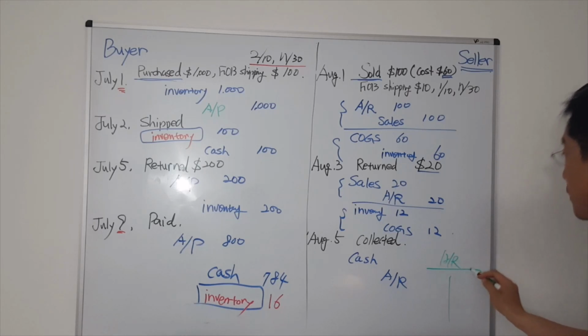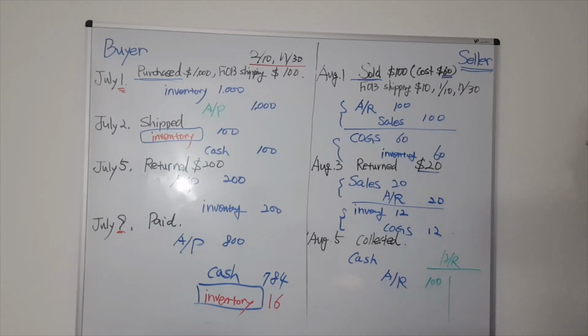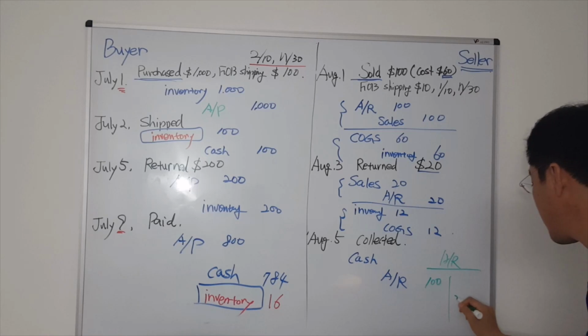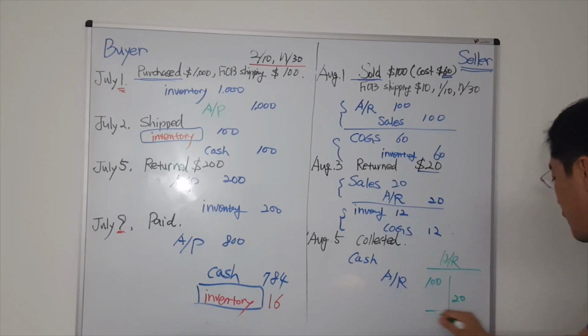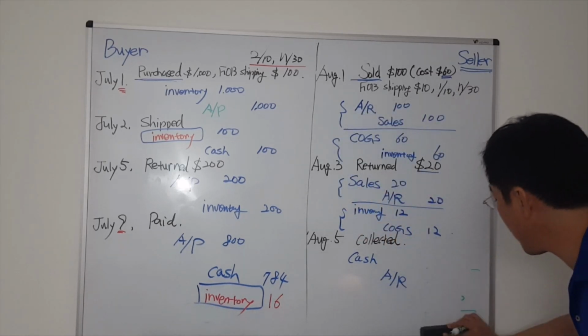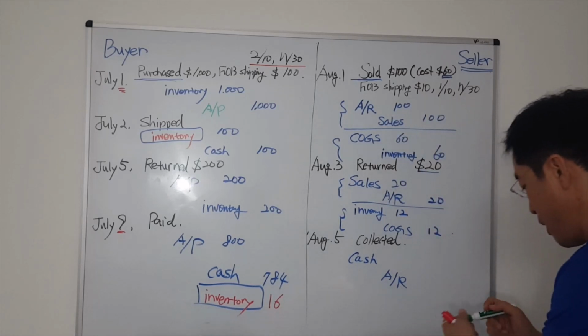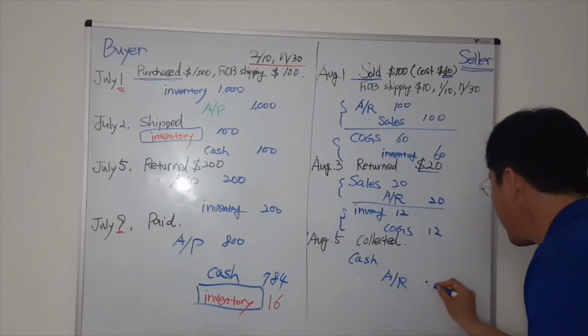Accounts receivable: when we sold our product, 100 debit, but we accepted a return. So what's the balance? $80. When we collect, we expect to collect $80. So the accounts receivable balance is $80.